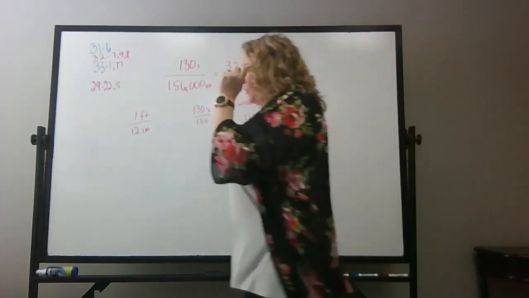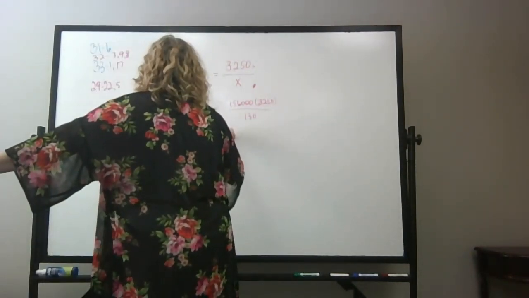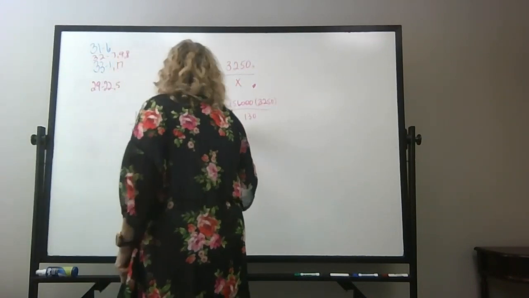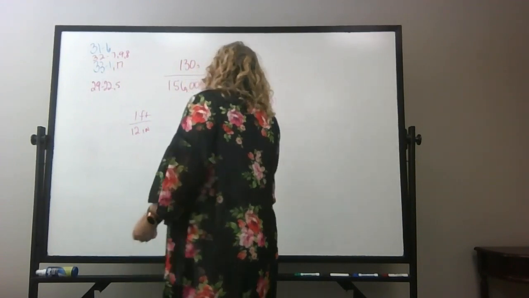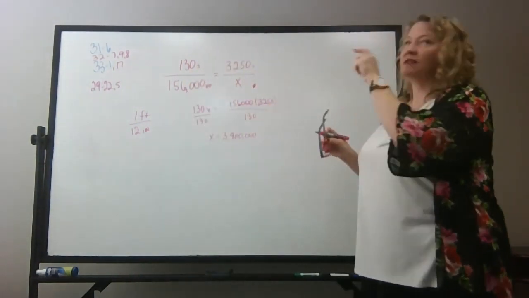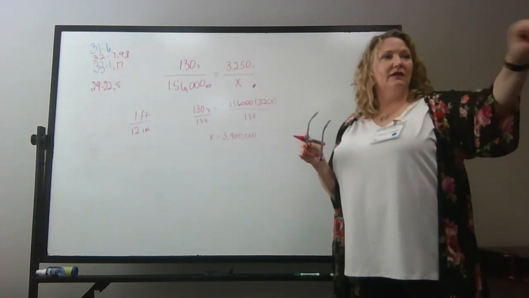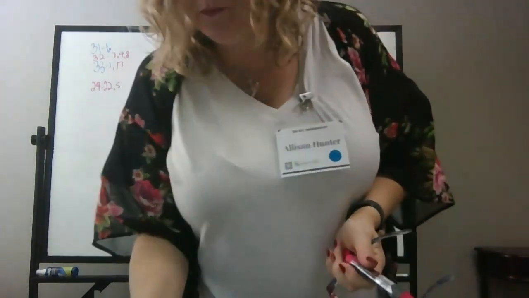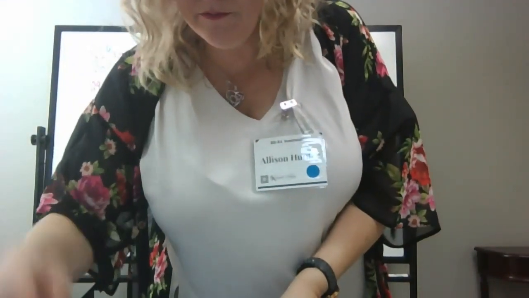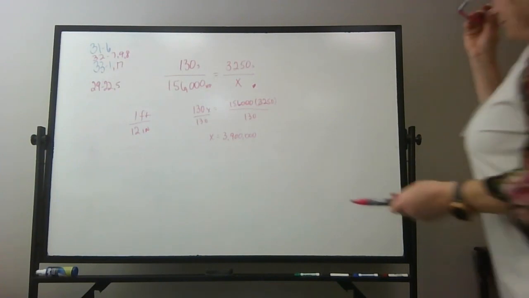Follow where I am. The number of hiding places, x, equals 30,900. So for this one, it's just a matter of setting up those ratios in the beginning. You're good. Okay, good on that.